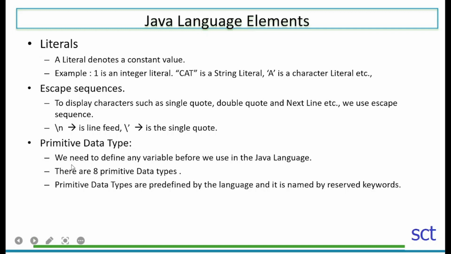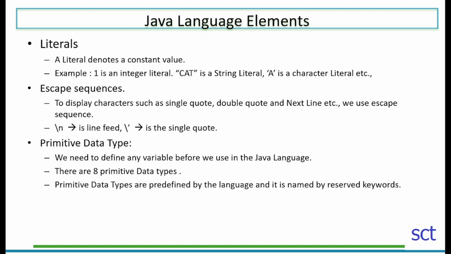Primitive data types: to define any variable, we should have the data type name. Okay, for example, if I want to store an integer, I need a variable type name called integer. So we have 8 primitive data types in the Java language, which are mentioned.